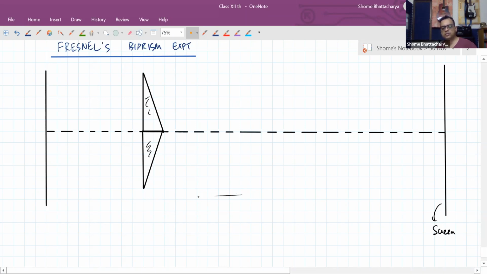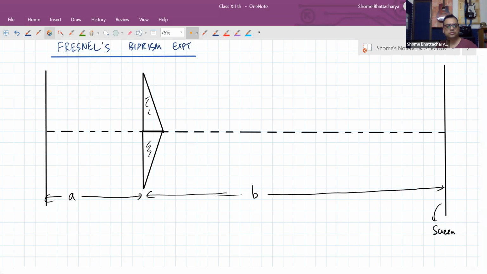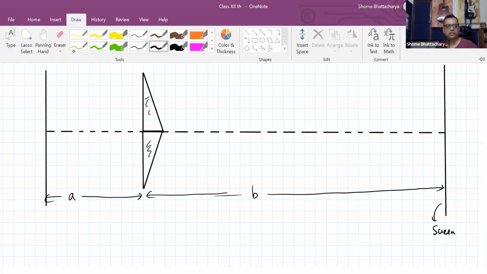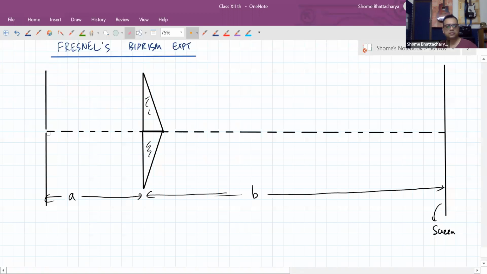So typically this distance here is a known quantity. This distance is a known quantity. And you of course have a very narrow single slit here.